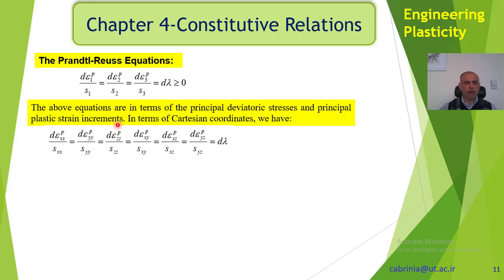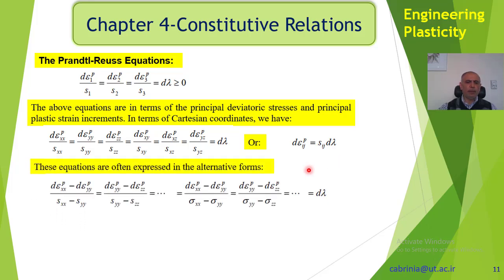So we could similarly write these equations as well, or in short tensor form we could write d epsilon ij plastic is equal to deviatoric s ij d lambda, and sometimes we express these equations in this form. Okay, so d epsilon xx minus d epsilon yy divided by sxx minus syy, like that. There are different kinds of forms for these equations, but this is an interesting one.